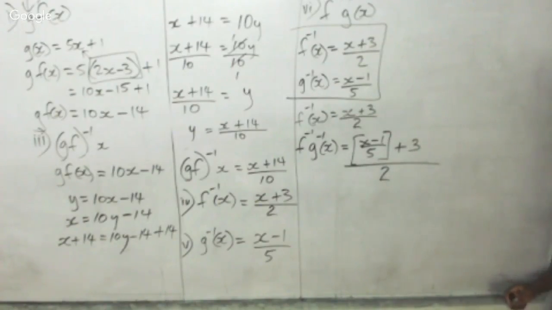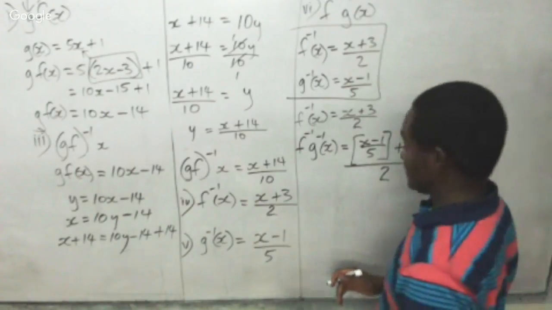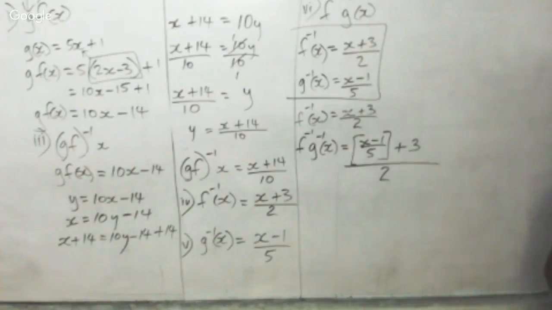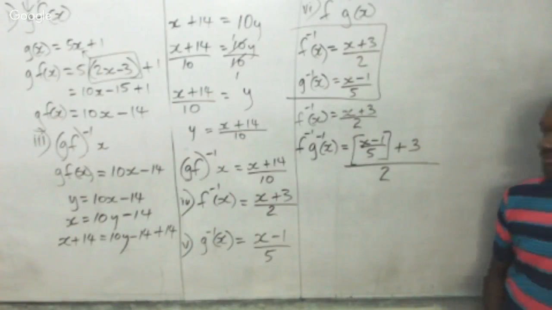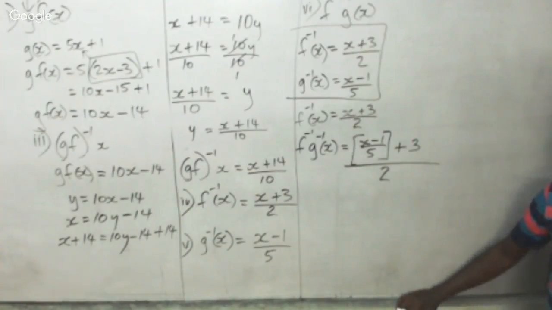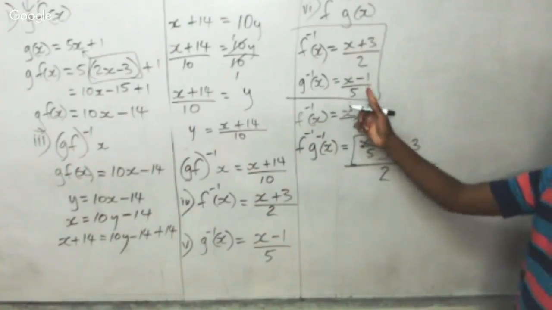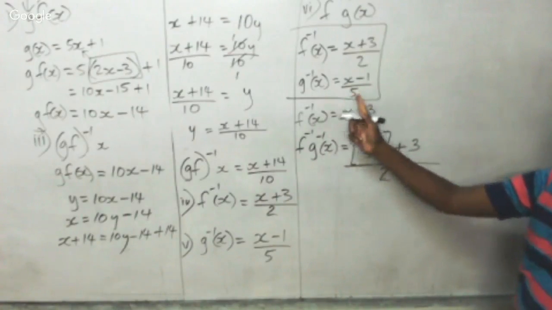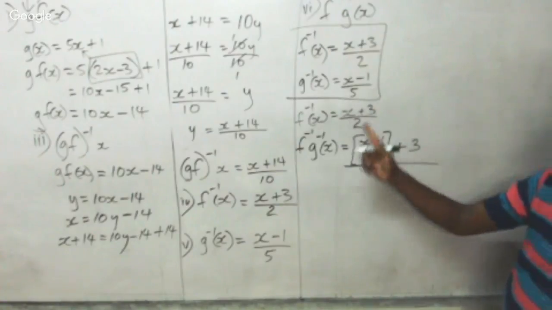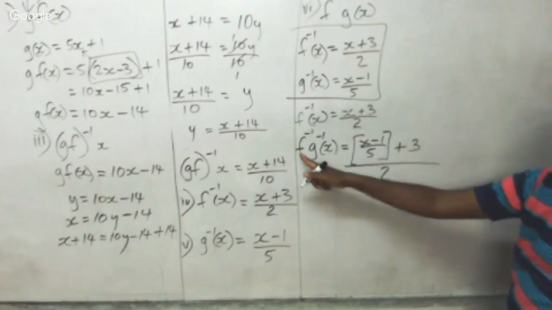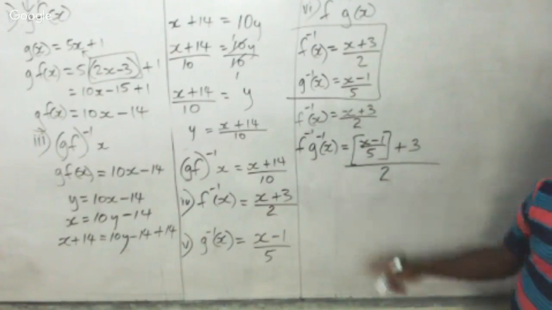Okay. So all we work it out. So you done this one? No. It's just begun. So repeat the part again. You said the G inverse was X minus 1 over 5. G inverse is this, and we are putting G inverse into F inverse, which is X plus 3 over 2.